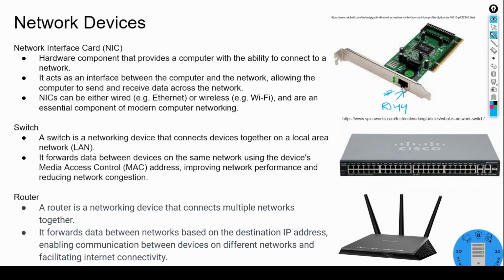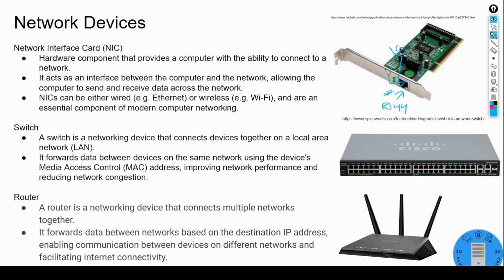So they can be wired, as in the form of an Ethernet cable, or it can be wireless if you have like an antenna that sticks out instead of an Ethernet cord to transmit a signal. And these are essential in every single computer or laptop that you buy. If you use Wi-Fi on your laptop and you don't use a cord, then you are using your Wi-Fi within your laptop through your NIC.